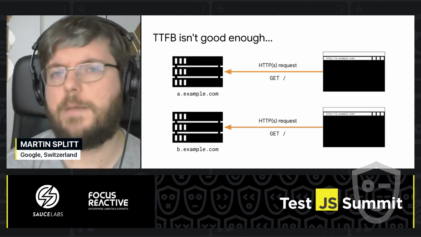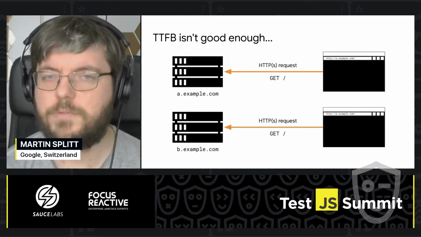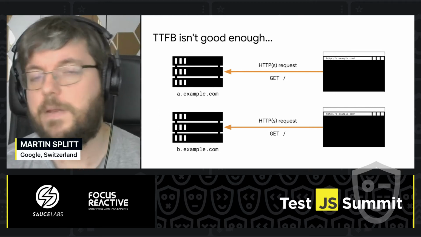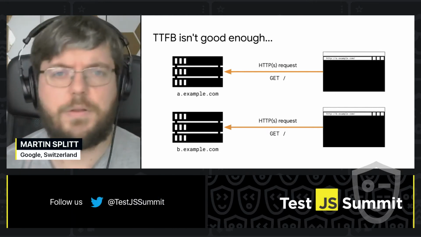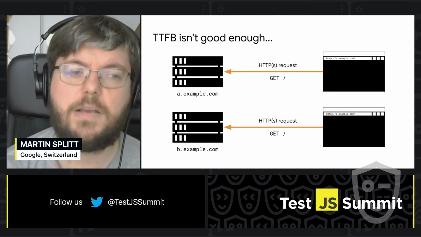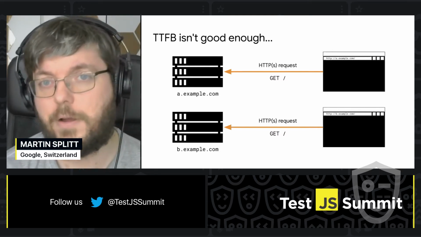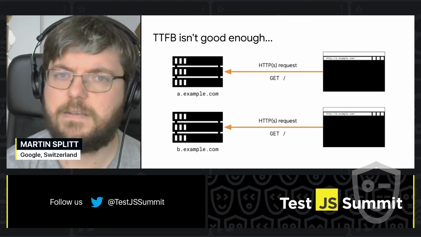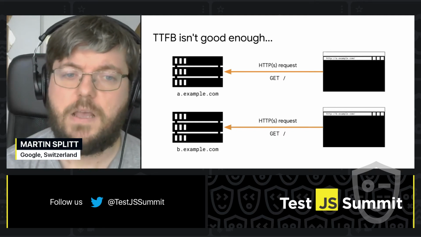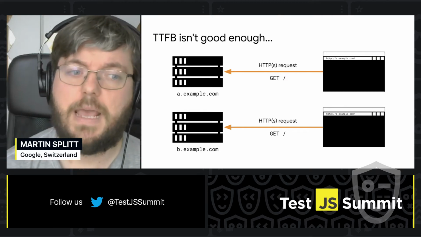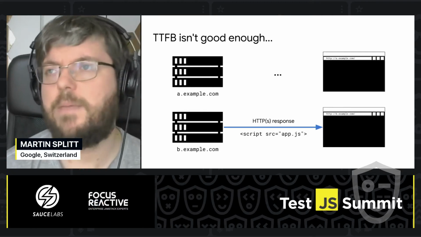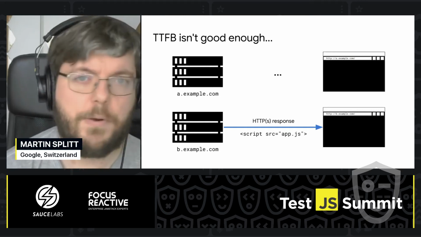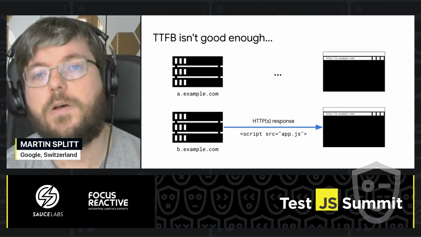So let's look at two websites. I open both websites on the same machine at the same physical location at the same time, and maybe I have two machines next to each other going through the same internet connection. Doesn't really matter. I go to a.example.com and b.example.com, and we assume that these are completely separate servers and completely separate web applications. So these requests go out, and a.example.com takes a while. Maybe it's like a classical PHP or Java or Python or Ruby program that needs to run on the server.